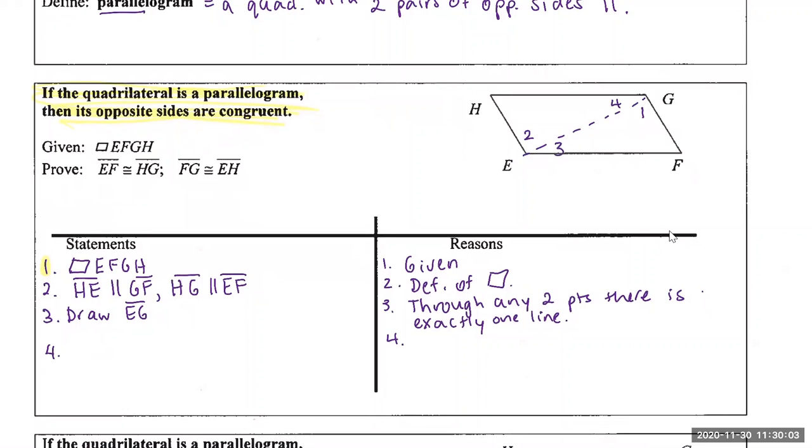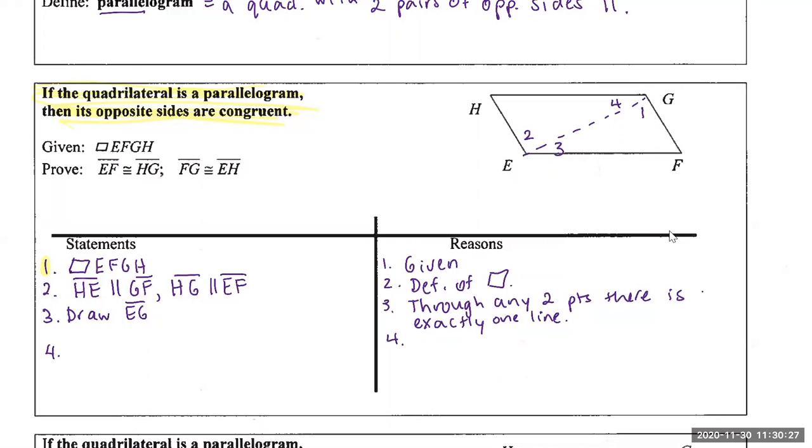And in the chat box, can you private chat me: by definition, if those opposite sides are parallel, what do you know about angle 1 and angle 2, and angle 3 and angle 4, and the reason why that's true? What do you know about 1 and 2 and 3 and 4? Okay, perfect.